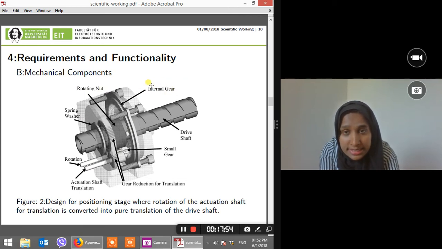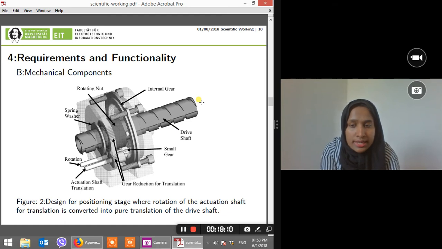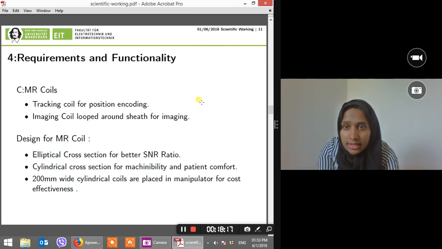The internal gear itself remains stationary, but it helps the rotating nut to rotate, which leads to the rotation of the driving shaft. And when the driving shaft is rotating, since from this end it is connected to the needle guide, the guide knows when it has to fire the needle. So I hope I have explained it quite right.